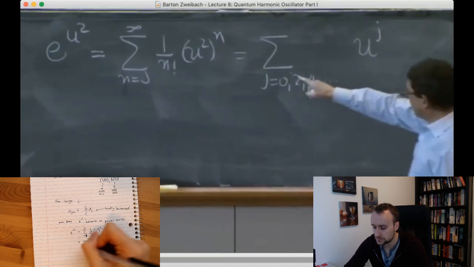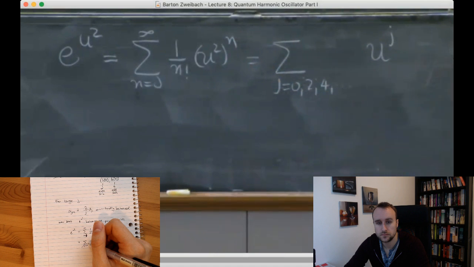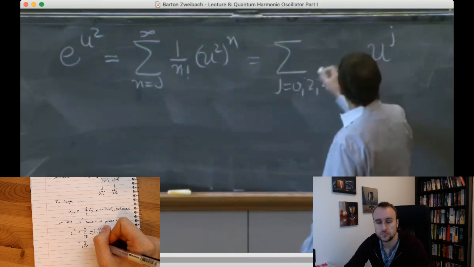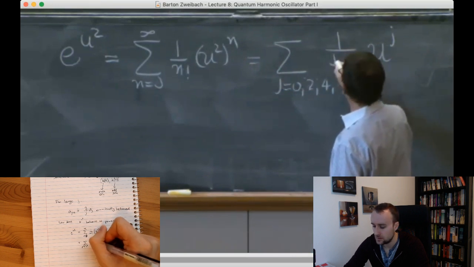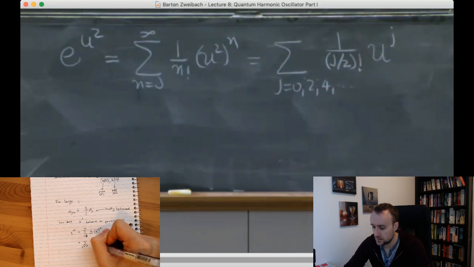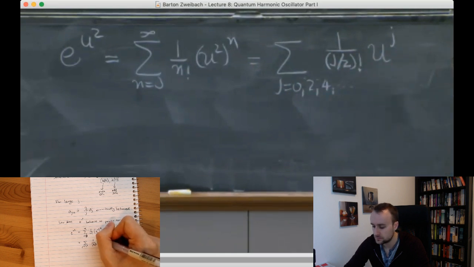And that is correct, because you'll produce u to the 0, u to the 2, u to the 4th, and so on. And j is really 2n, so here you will have 1 over j over 2 factorial. Now you might say, isn't j over 2 a fraction? No, it's not a fraction because j is even, so this is a nice factorial.